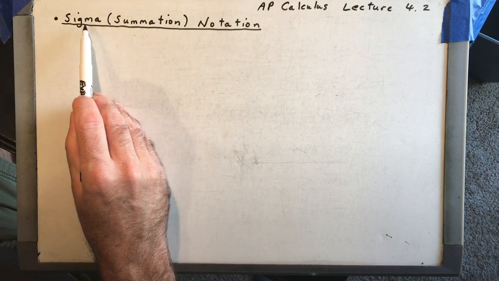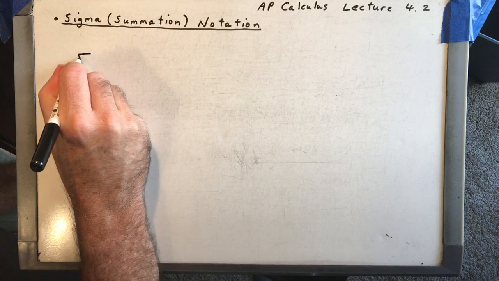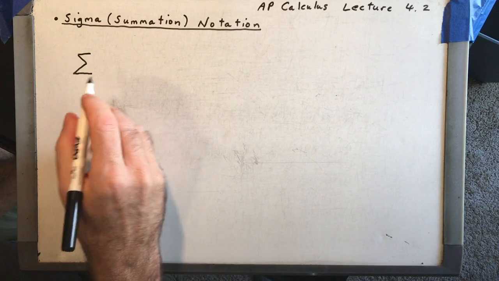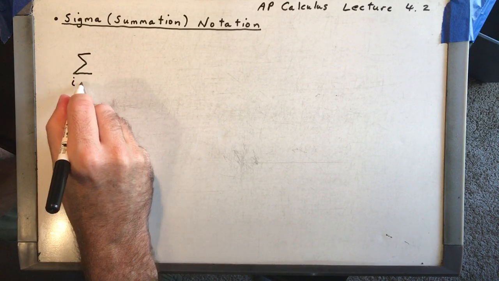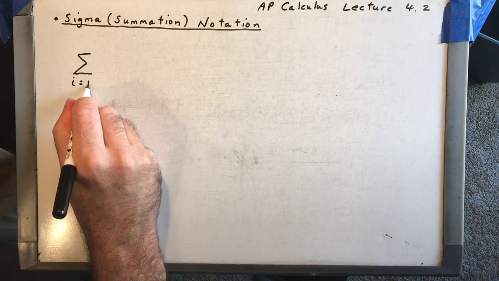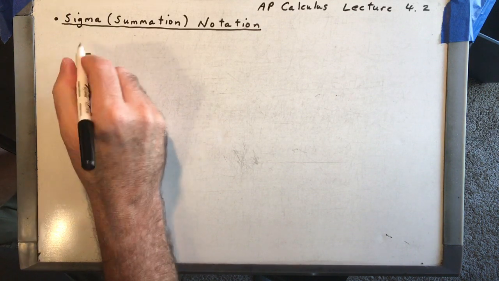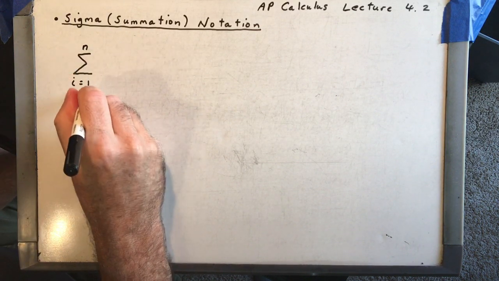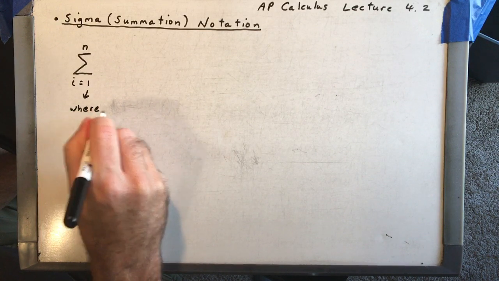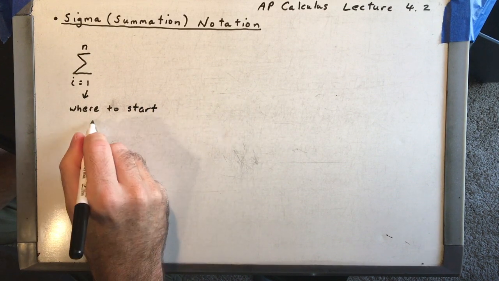When we say sigma, that's the Greek capital letter we're going to use. It looks like a big E. So, for example, let's say underneath the big capital sigma, i equals 1, and this is where to start the sum.